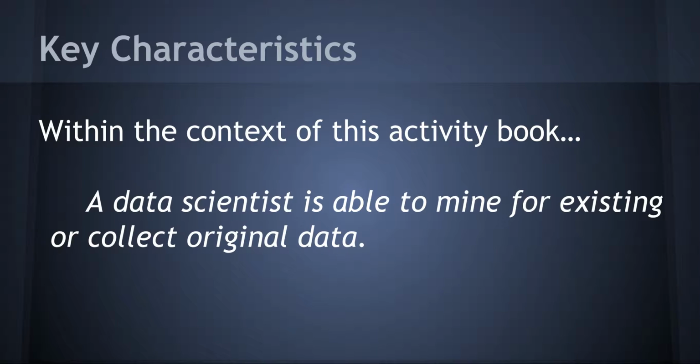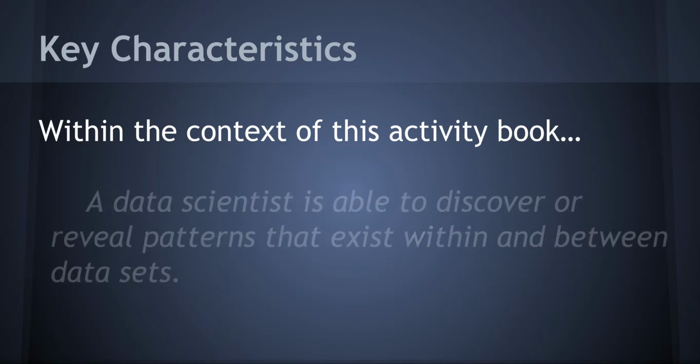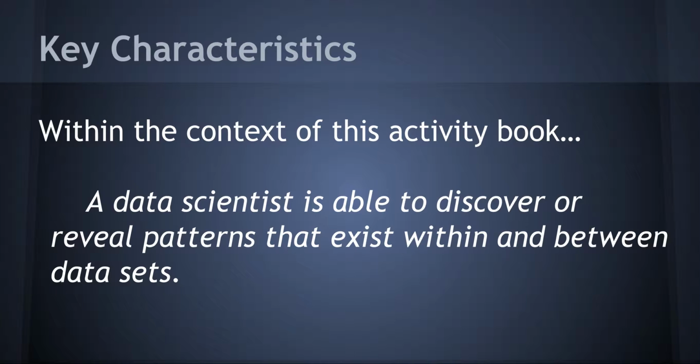But at this point, moving forward, is where we're really starting to get into those higher order thinking skills. Because it's also about being able to discover or even reveal patterns that exist within data sets and even between those data sets. Like in the Google Trends search activity, where students may have found patterns that existed in a single set.